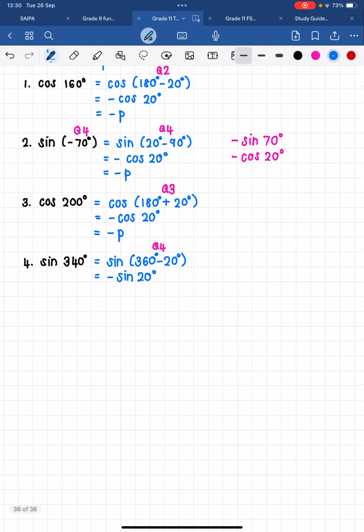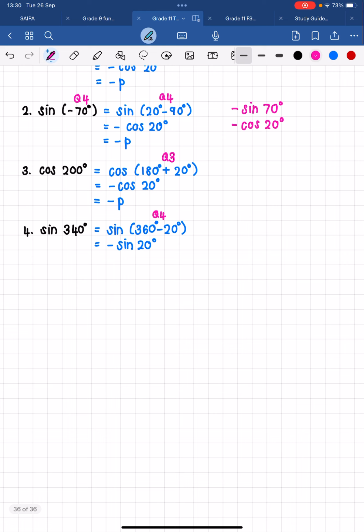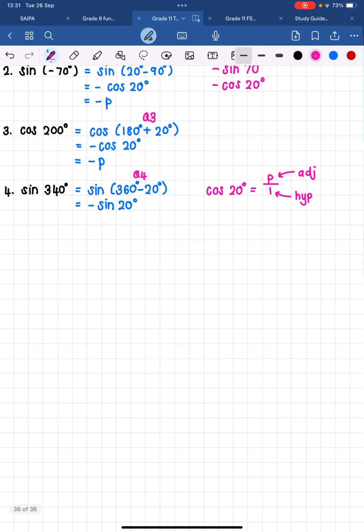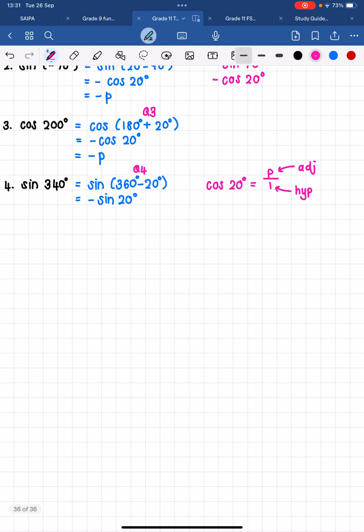Okay, so I'm going to write here on the side, cos 20 is equal to P over 1. So P is the adjacent side and 1 is the hypotenuse. Now guys, if you want to, you can draw this on a Cartesian plane, right?